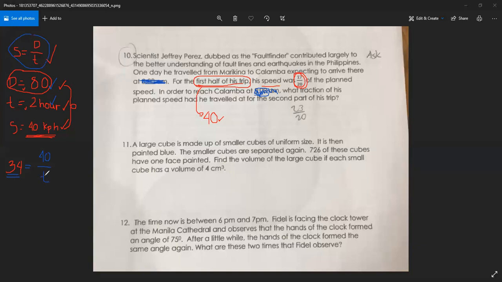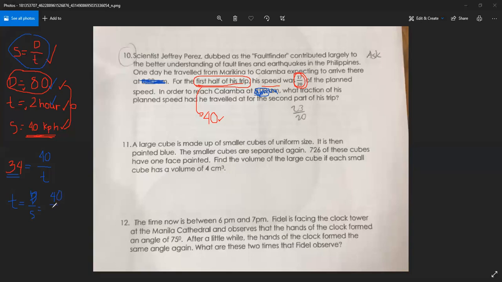Solve it again. So isn't it... Time will be equivalent to distance over speed, wherein distance is actually 40 and speed is 34.